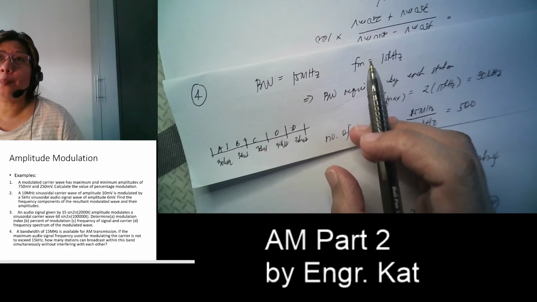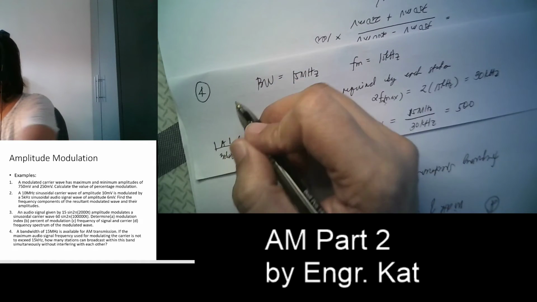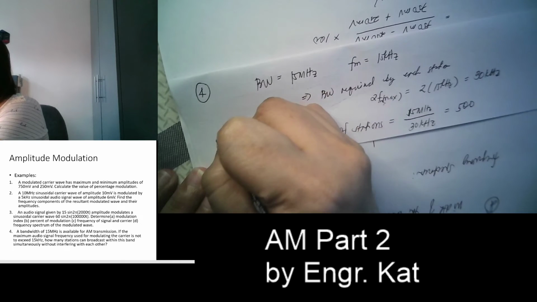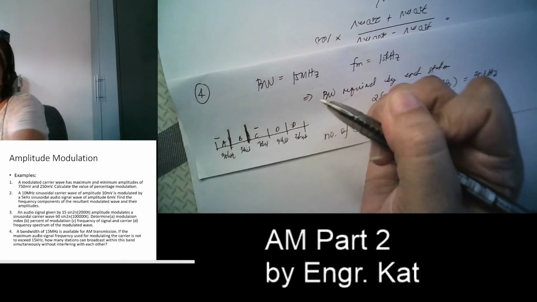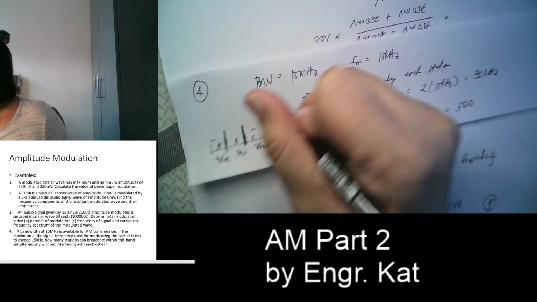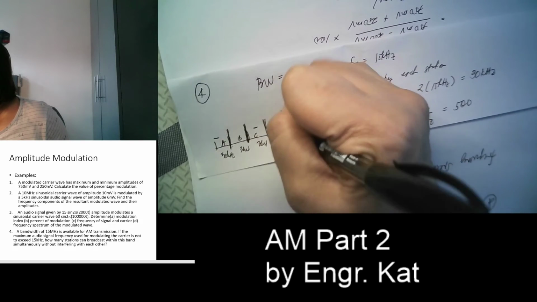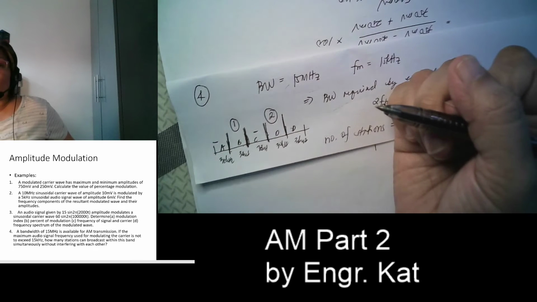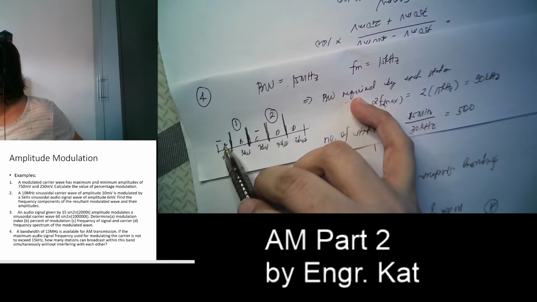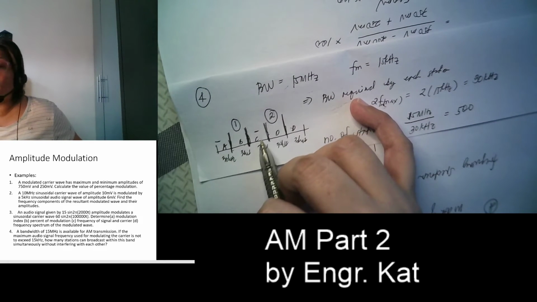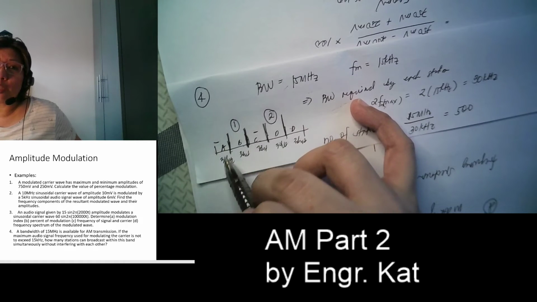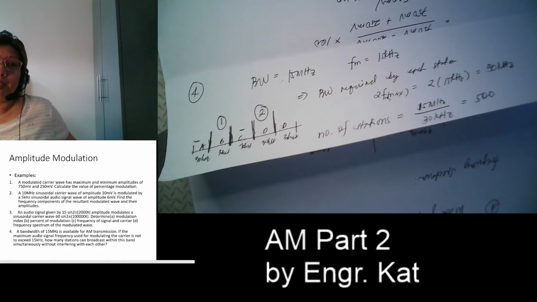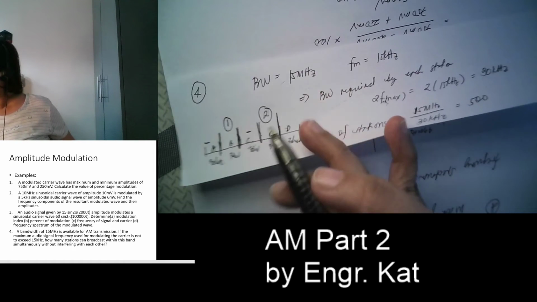In reality, if this is one radio station, then the adjacent slot is not permitted. The next station is this one, so this will be your station 1, and this will be your station 2, because the center stations serve as guard stations.